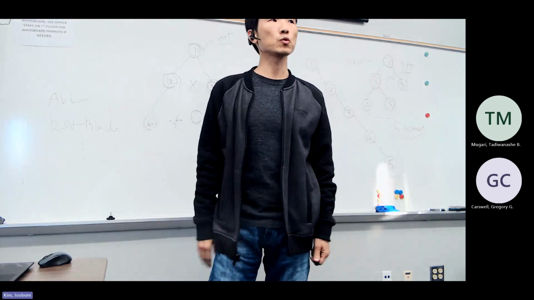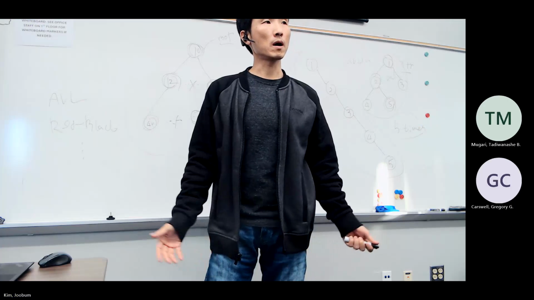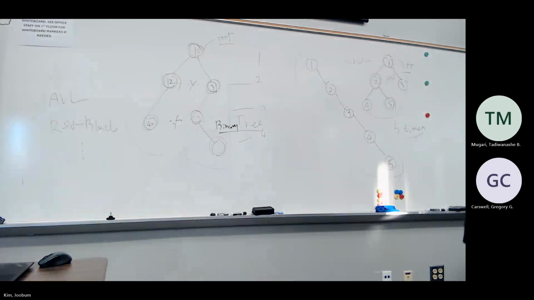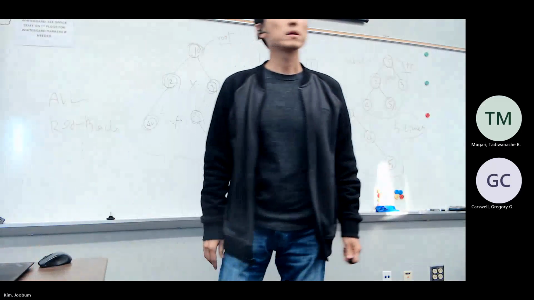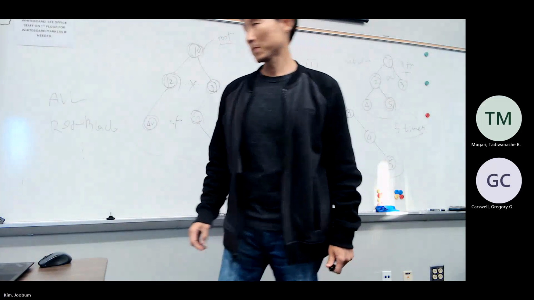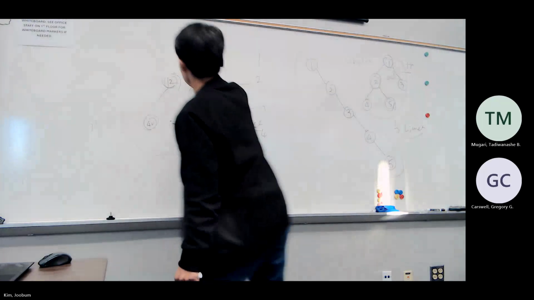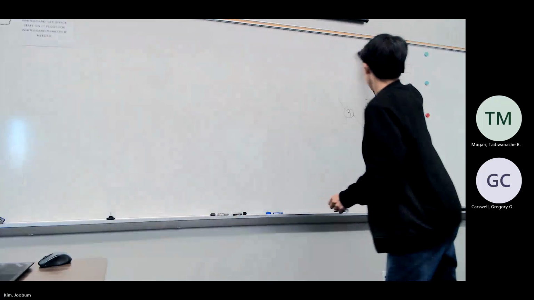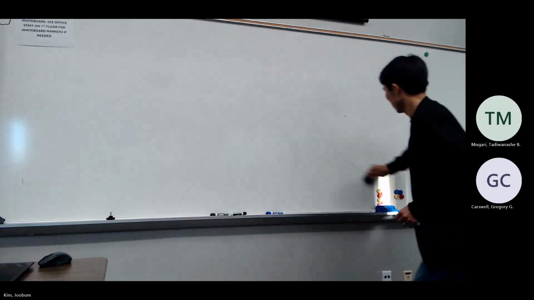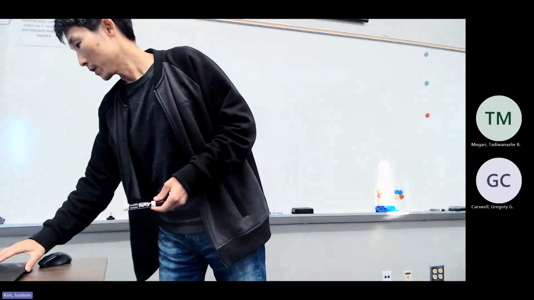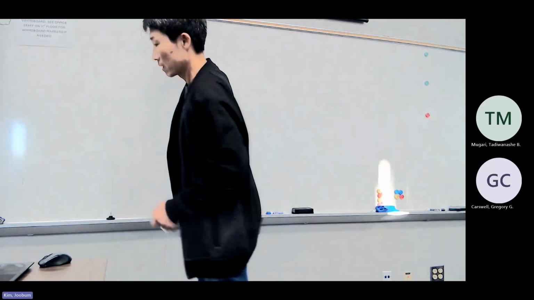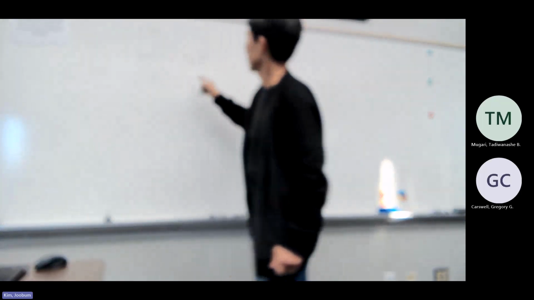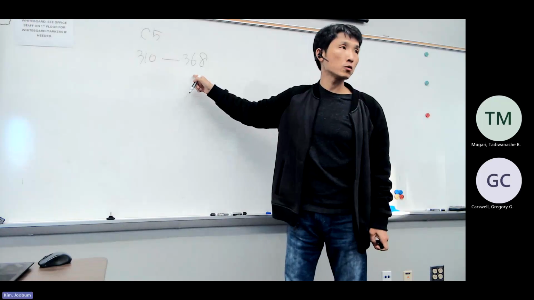In the previous table, cylinder 5 holds 310 to 368, and it's full. There's no empty space to store 365. So in this case, split.